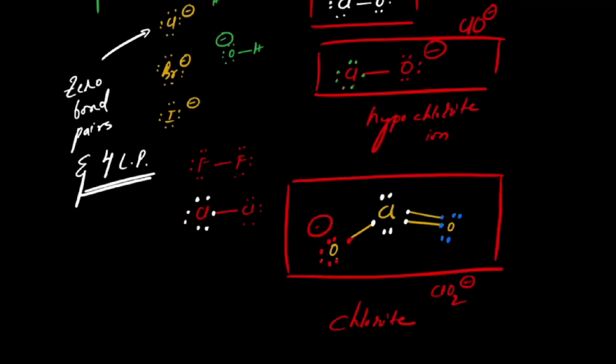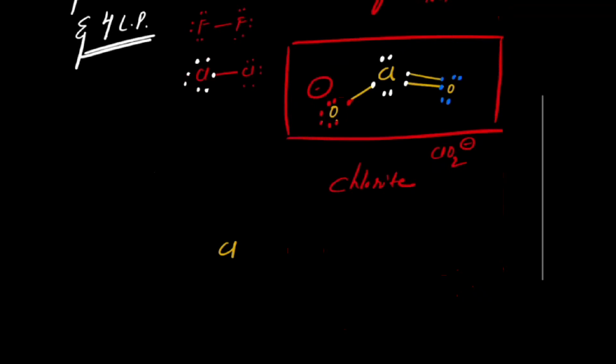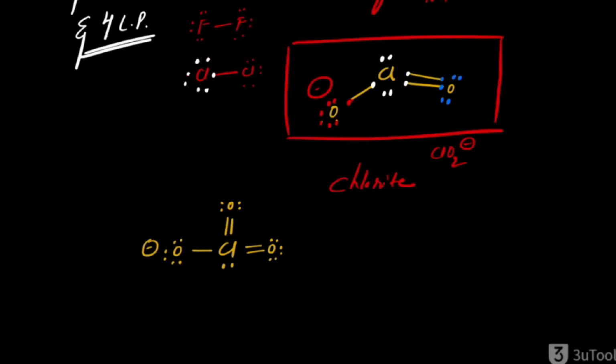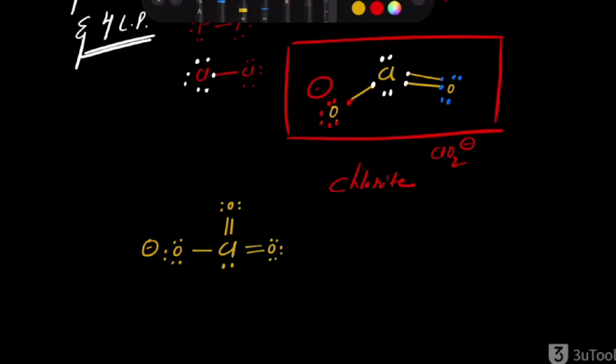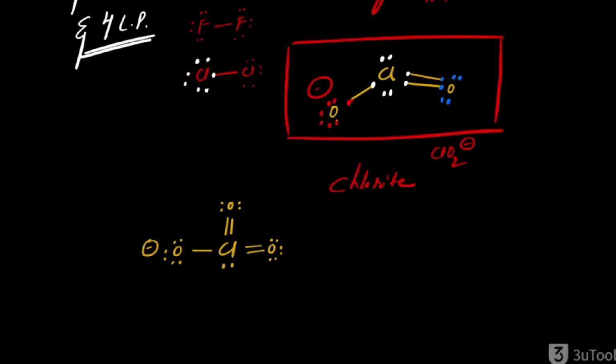And I'll compare the structures also, don't worry. Next. If you have chlorine which is attached to one oxygen with a single bond, whenever oxygen has one bond pair, it will have 3 lone pairs and it will have negative charge, and it is double bonded to one oxygen and this second oxygen, and there is 1 lone pair here. Now I will not go into detail here. This must be neutral.